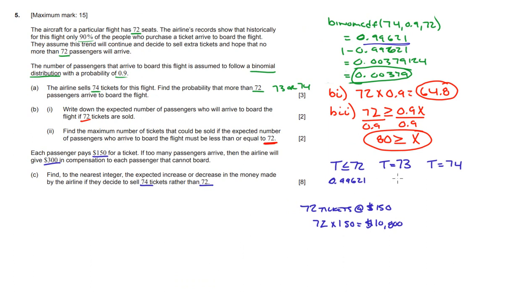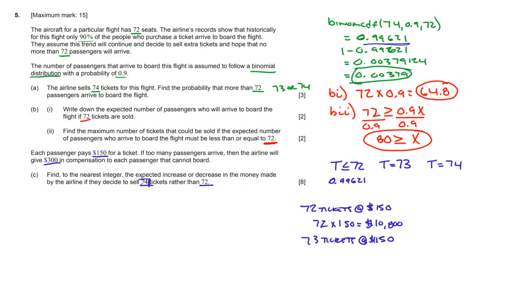Okay, now 73. If we end up getting say 73 tickets at 150, we can do that. But the problem is, if we get 73 people showing up, then we have to end up taking off. Oh wait, well, this is actually if we sell 74.